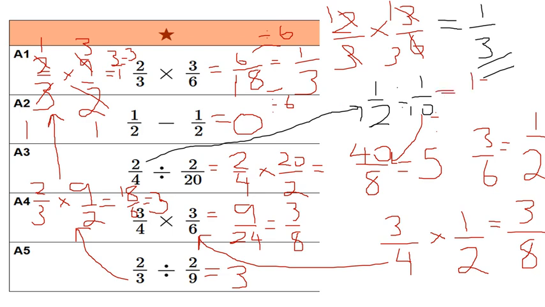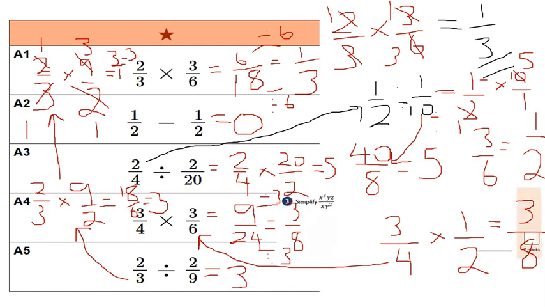So I can write it as a half times 10 over 1, which again I can cross simplify. 10 divided by 2 is 5. So I get the answer of 5. 1 times 5 is 5 over 1 times 1, which is 1, so it's equal to 5 over 1, which is equal to 5. And then for A4, I did it earlier, divide top and bottom by 3. Sorry, I'm going a bit off topic here.